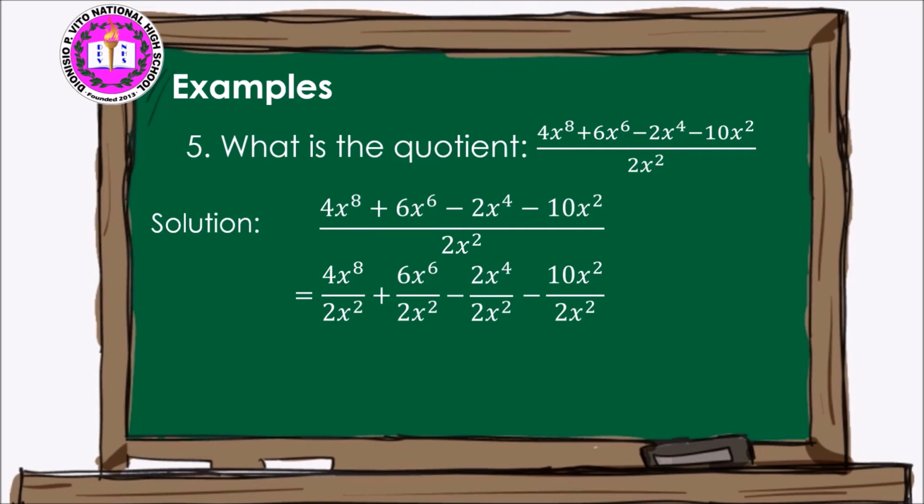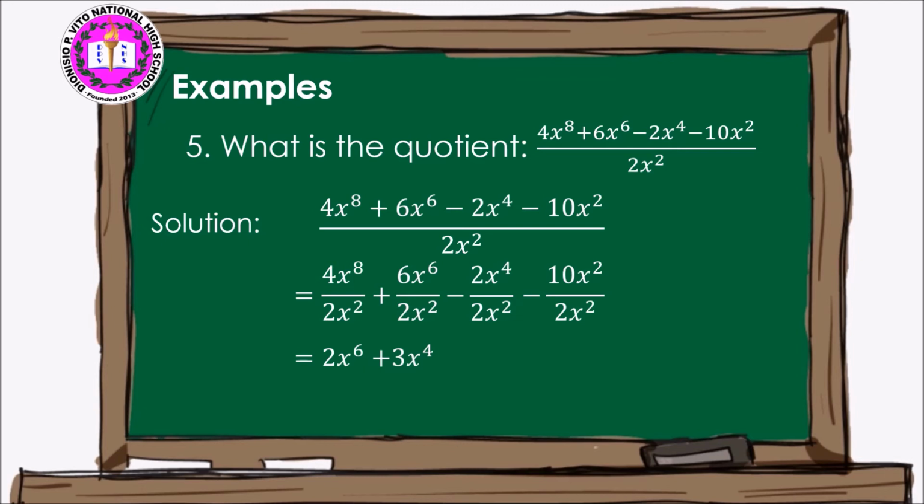So we have 4x raised to 8 divided by 2x squared is equal to 2x raised to 6. Then we have 6x raised to 6 divided by 2x squared is equal to positive 3x raised to 4.